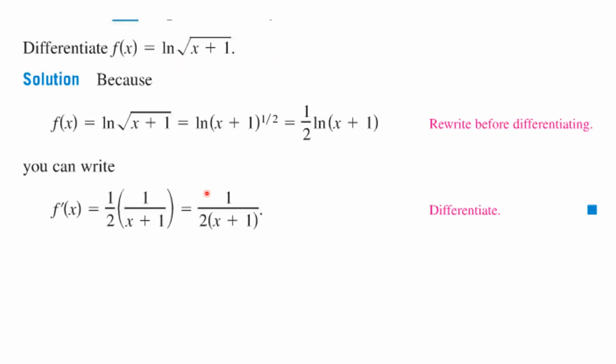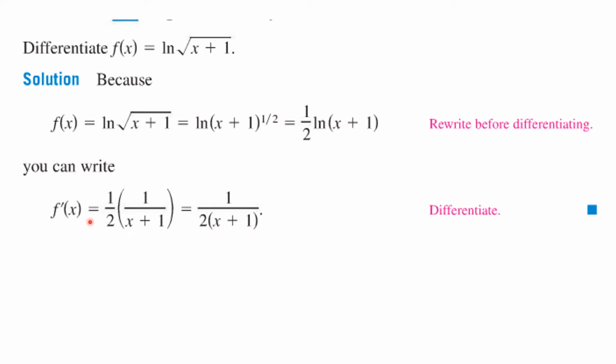Well, you see the logarithm of x plus 1 whole to the 1/2 is the same thing as putting the 1/2 in front times the ln of x plus 1. So now when we take the derivative, well, this was just doing properties of logarithms pre-calculus, the 1/2 will just sit there, but then I'm taking the derivative of the natural logarithm of x plus 1.